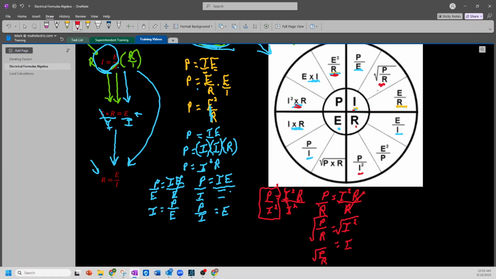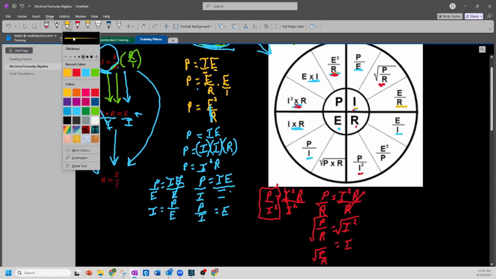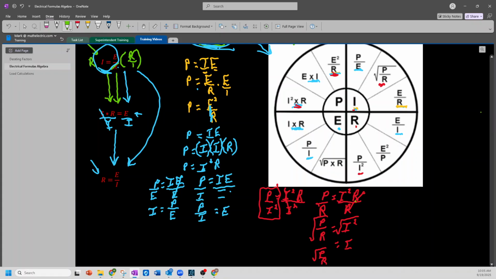Okay, so now let's work on this one. See if we can come up with another color here. We'll do blue again. Well, let's do green. I haven't used green for writing. So, all right. So we're going to use this formula. So E squared over R equals my power.